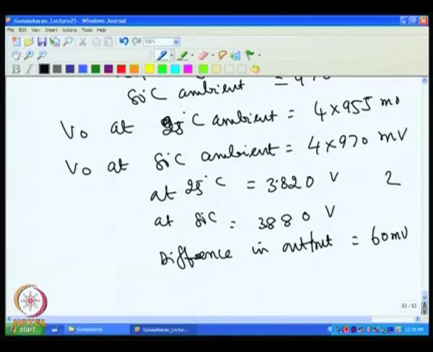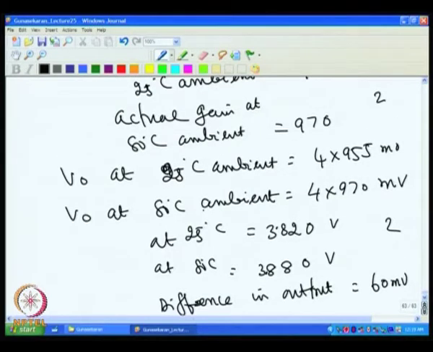That means the output voltage drifted by 60 millivolt for the ambient temperature change from 25 to 80 degree, that is 55 degree change created 60 millivolt change at the output.